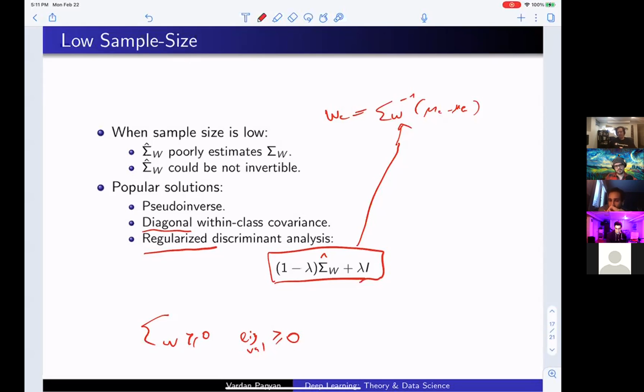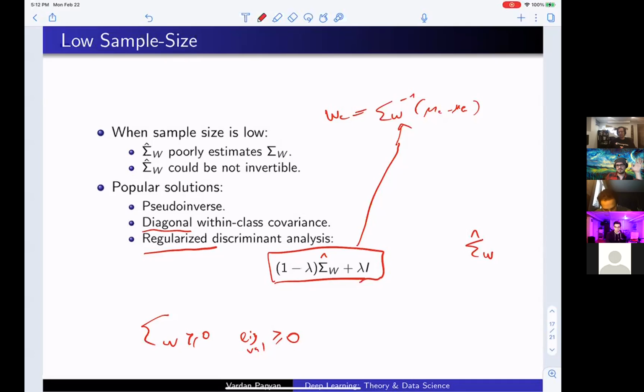I guess it's not very confusing. Why would you use an identity covariance? One way to think about this is the following. Imagine if you have lots of data. Then you just use sigma w hat, the empirical estimate.